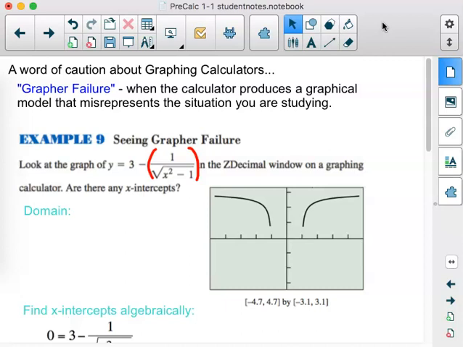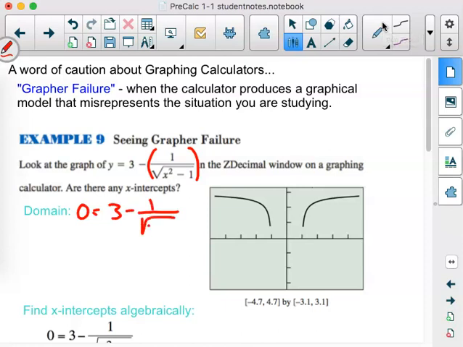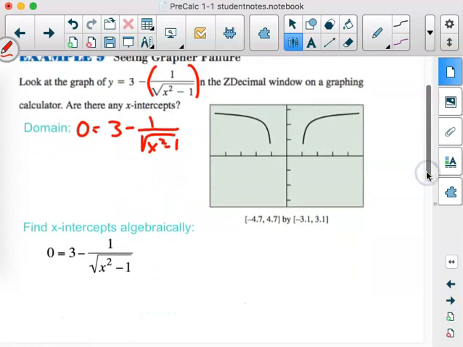All right, so it says, are there any x-intercepts? What we would want to do is figure out, well, where are the zeros? So we'd put a 0 in for y. And we would solve this algebraically and then just back it up with what we could see on the graphing calculator.